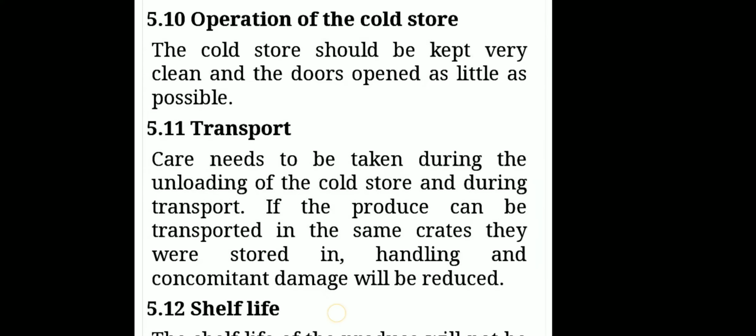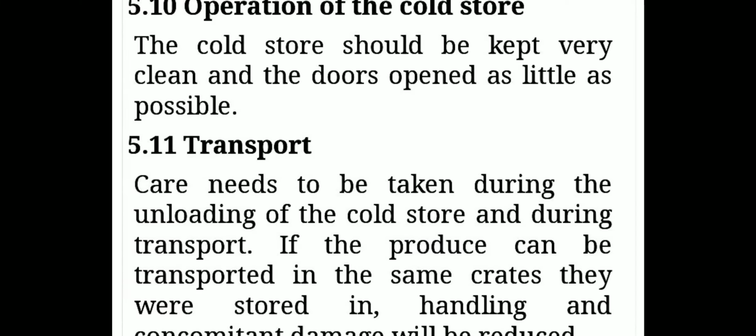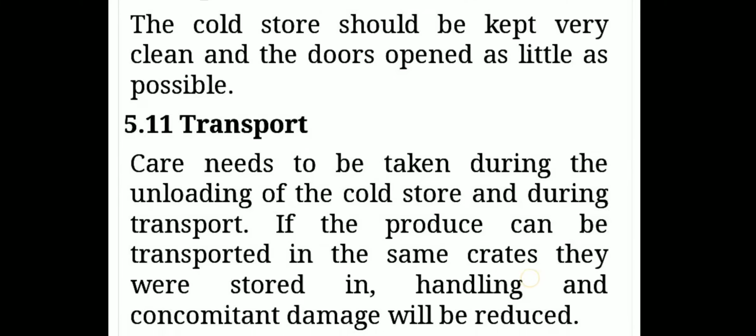Now the operation of the cold storage, or means what is the procedure to keep cold storage going. So first important thing is it should be kept very clean, doors opened as little as possible, because the door opening will increase the heat load on the refrigerating system.